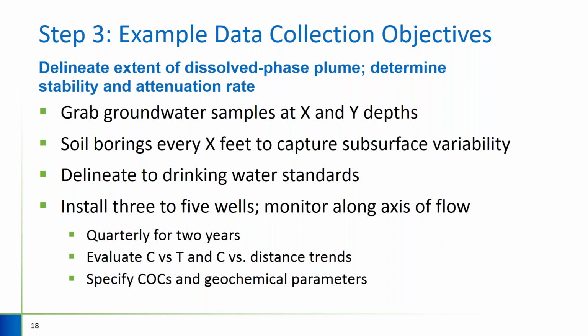We're going to collect soil borings every certain interval of feet. We're going to delineate the plume, so we're going to start inward and work toward the boundaries of the site until we get to standards. We're going to install wells, because remember, another data gap at this site was there really wasn't a performance monitoring program for the remedy.